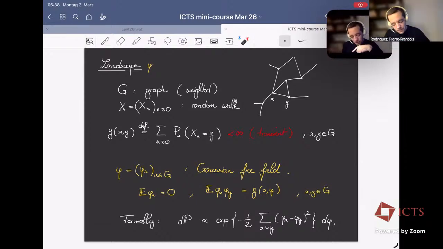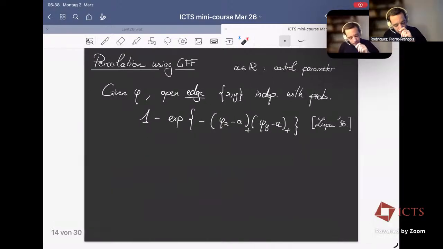Good. So I have my Gaussian free field, I have my transient graph, and now I can define the percolation model that I want to tell you about in this introductory talk. I'm going to use my landscape now to define a percolation model.